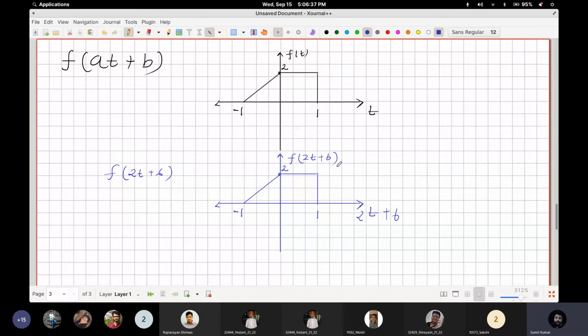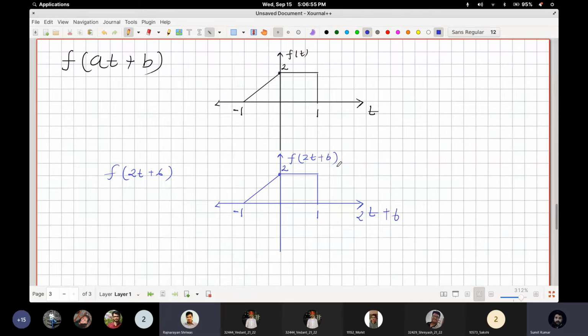Did you get the point? You understood what we have to do? The f of t versus t diagram is the same as f of 2t plus 6 versus 2t plus 6.